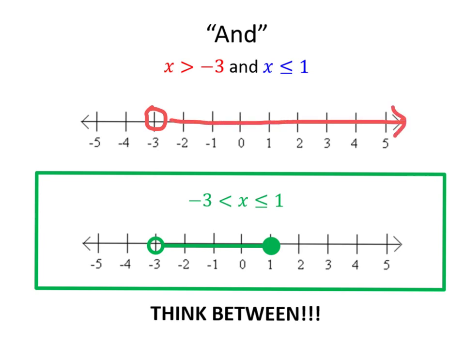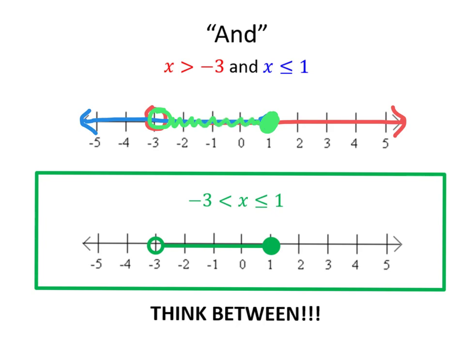To graph the second part of the inequality, I'm going to go to +1, put a closed circle, and draw my arrow to the left. Now the intersection of these two inequalities is our solution. So we're talking about this circle and our other circle at +1 and the entire area in between.